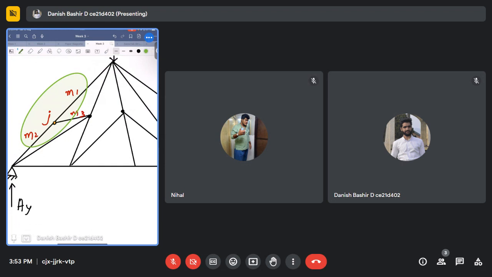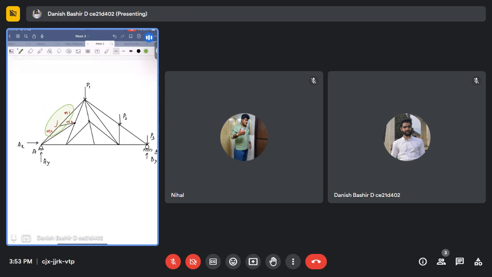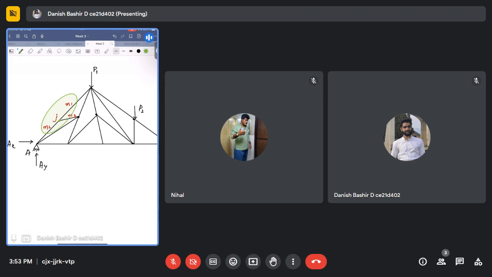At this joint, M1 and M2 are collinear, and M3 is joined to them. This joint has no external force, because P1, P2, and P3 are acting at different joints, and no reaction force. So at joint J, three members are joining, two collinear and one non-collinear, with no external force and no reaction force. The rule says there will be force only in M1 and M2; M3 will be a zero force member.